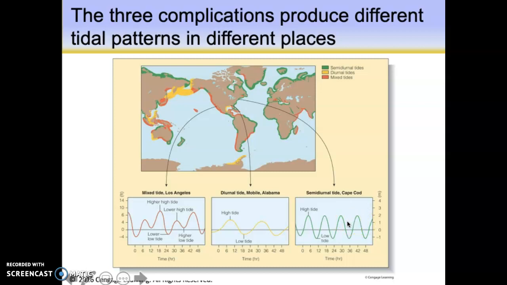Those are coastlines colored in green. Some coastlines only get one high tide a day. That's the coastlines colored in yellow. And some coastlines get the mixed tide, and you can see that on the left, and those are covered in red. Which tide you get results from a complicated interaction of the tide you expect plus those three complications.